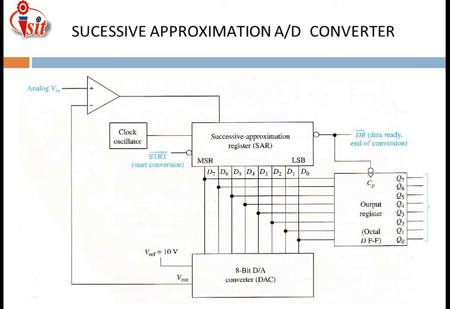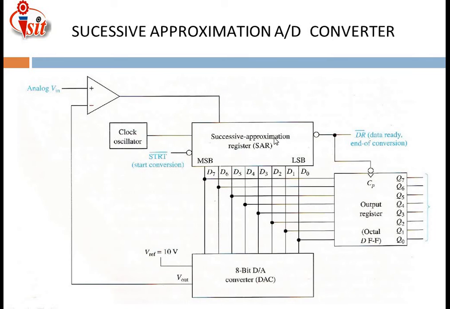In this, the analog input is applied to the non-inverting terminal of the op-amp, and the inverting terminal of the op-amp is connected along with the 8-bit digital to analog converter, and another terminal of that converter is connected with the reference voltage equal to 10 volt.